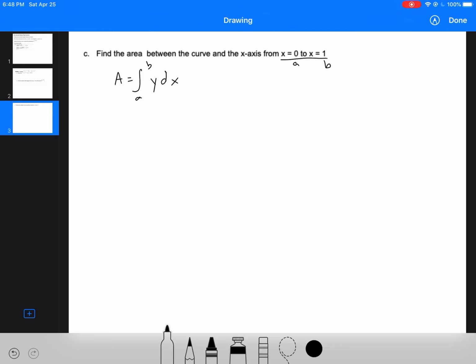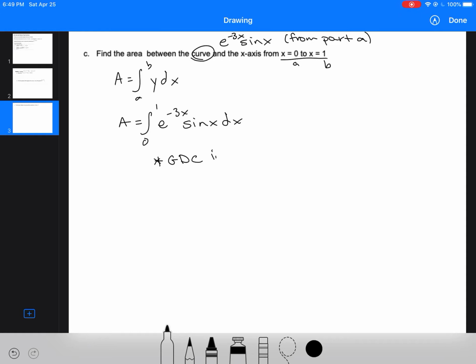So we've got our a, our b, and then our curve, that's our f of x that we started with, e to the minus 3x sine x from part A. So the area is the integral from 0 to 1 of e to the minus 3x sine x dx.